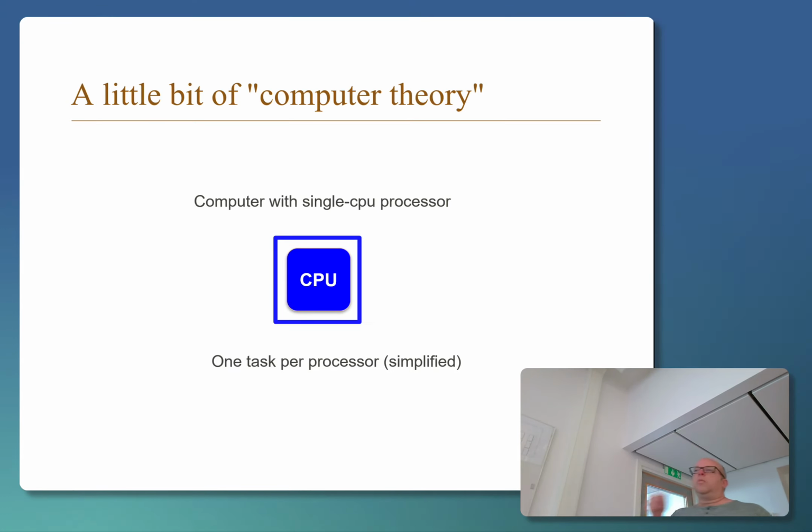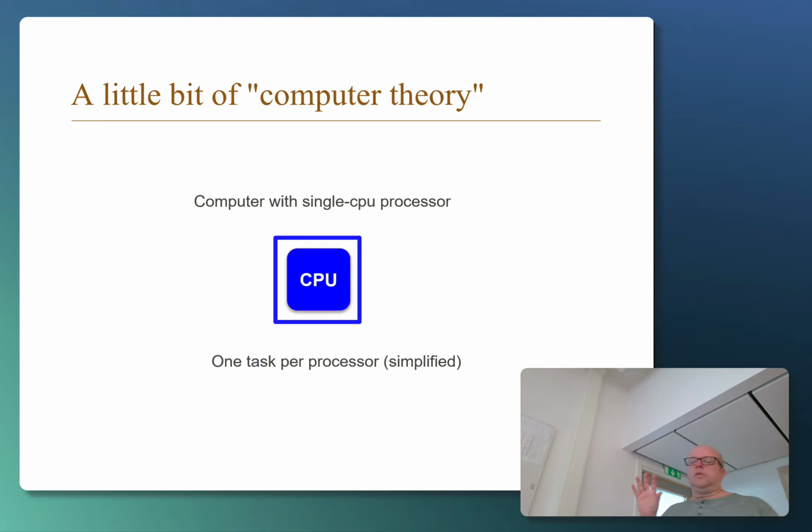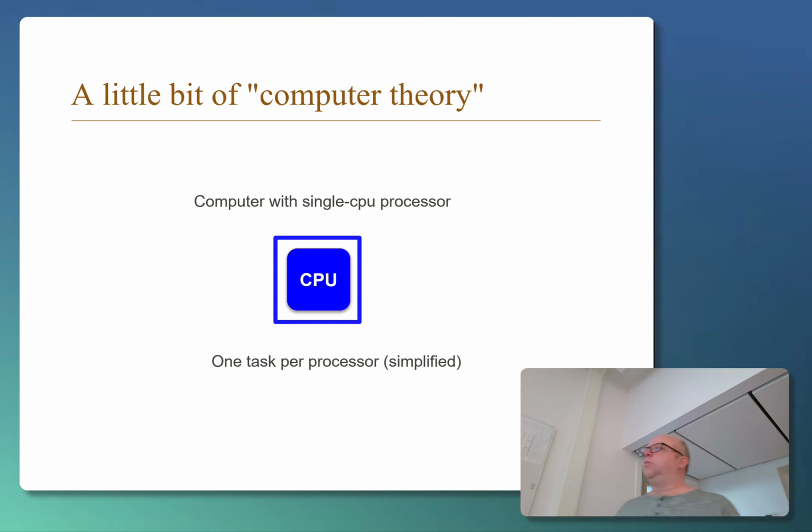Before we go into the solution, I want to give a brief history of computer theory. You got some of this in the last lecture with HPC, high performance computing. If you look at the classical model, you have a computer with a single CPU processor, and you can run a single task on that processor.